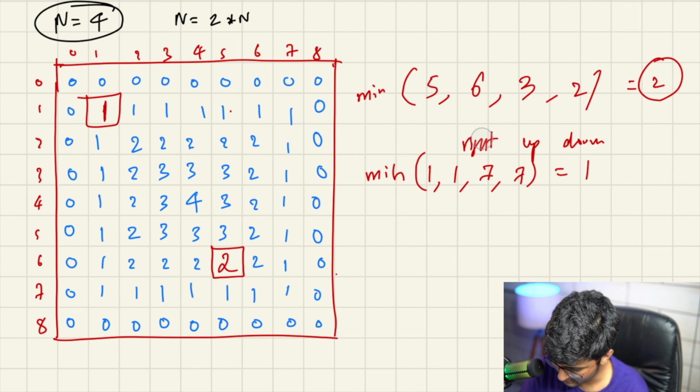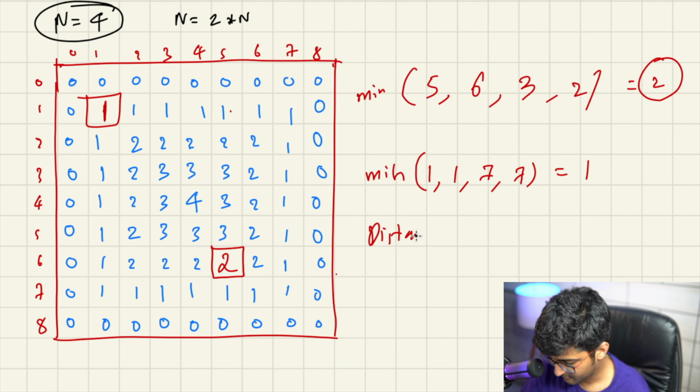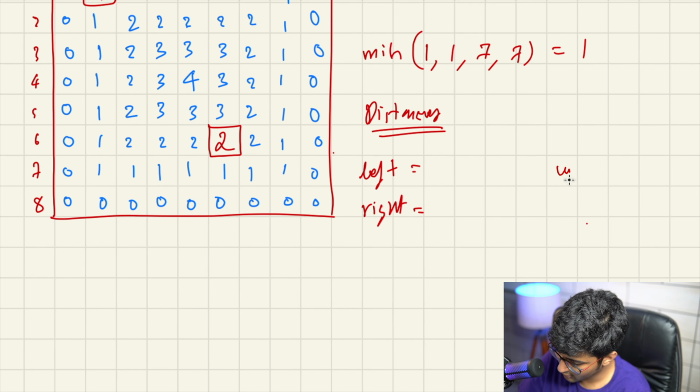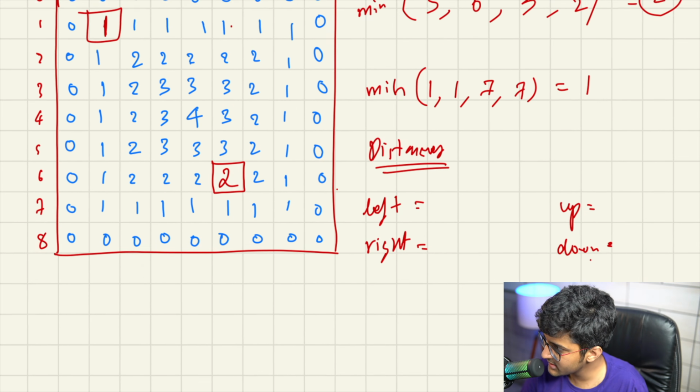I'll write it clearly. So distance is from the left, from the right, from up, and from down. You tell me what is it?